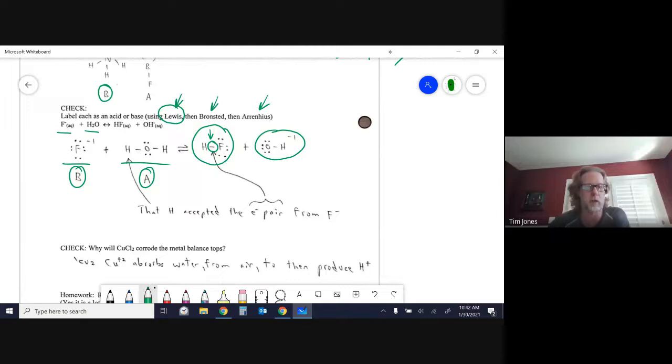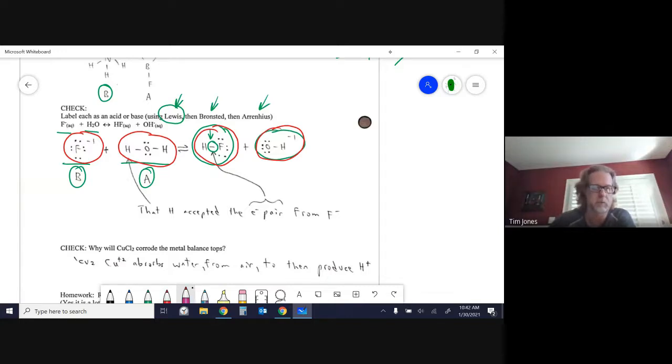Now, if we go to the Bronsted definition, the base is accepting a hydrogen. On the left, it doesn't have a hydrogen, and on the right, it does. The acid is donating a hydrogen. The water has 2 hydrogens here, but over here, it's only got 1. And if we do Arrhenius, the acid is giving off a hydrogen.